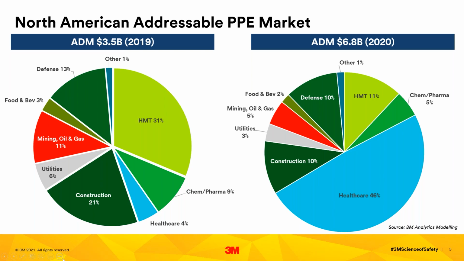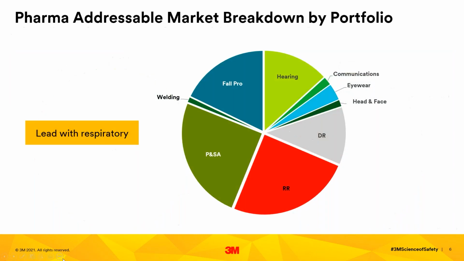But as you can see, give or take, the pharma industry makes up approximately 9% of what we anticipate the overall addressable market to be. So certainly a very good opportunity and one that is in need of those complex solutions, as I indicated earlier.